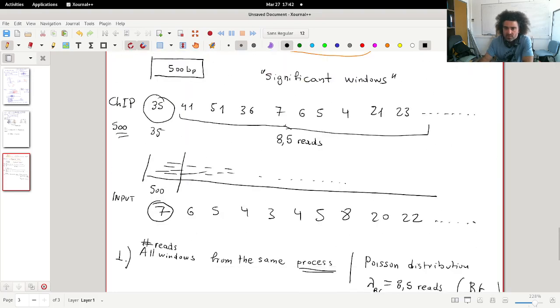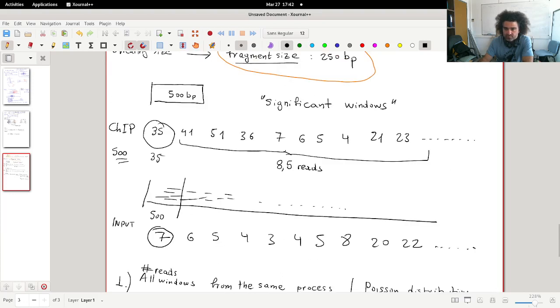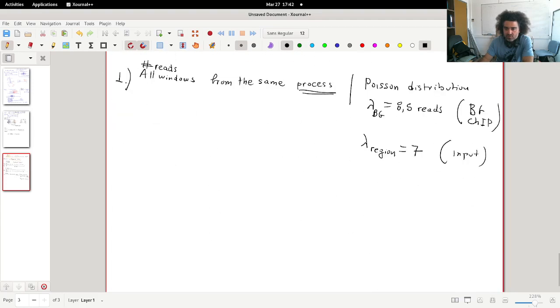Then MACS is taking two other windows. One is... yeah, it's better to draw it like that.